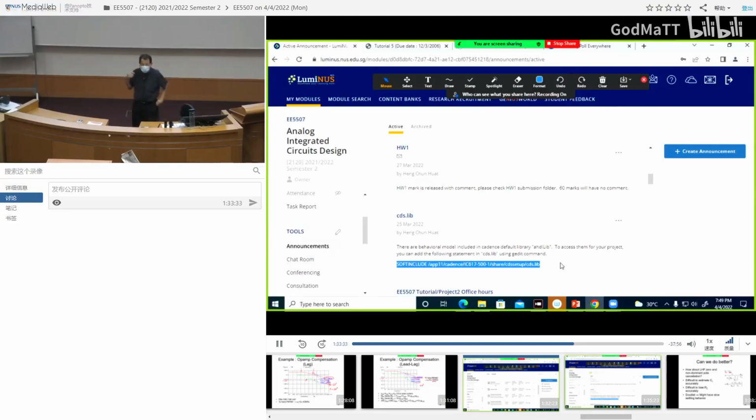Last semester we didn't use any PDK, so we included a different set of libraries. This semester, we use the PDK setup, and that setup doesn't include the AHDL-lib. So if you include this segment, you have AHDL-lib. There are also some behavioral models in the AHDL-lib that you can directly use.